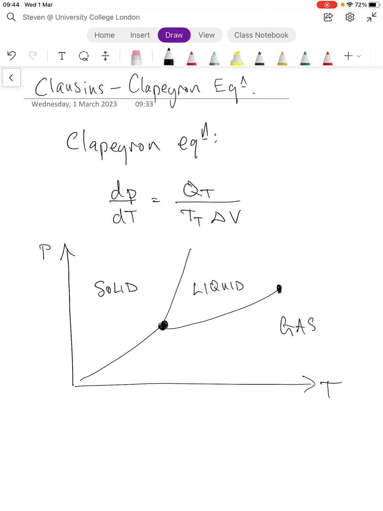And now the Clapeyron equation applies at any point on any of these coexistence lines, right? So we can apply it to some point here, and it's going to tell us about the slope of our coexistence lines. Let me just draw this one with a little bit more curvature.